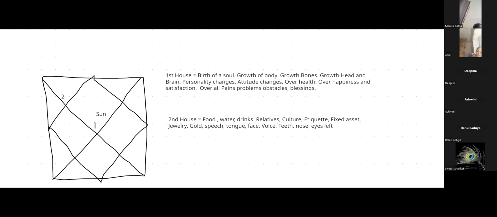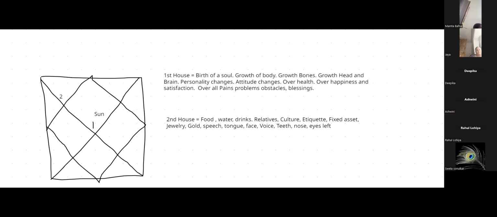Next we look at the third house. Now, once the baby is born and starts to talk, right? Third house. What will happen? The parents will decide, okay, let's have another baby. So siblings, younger siblings, both girl or boy, both. It can be a sister or brother of this baby. So if you want to know what will be the type of baby, you can look at the third house.